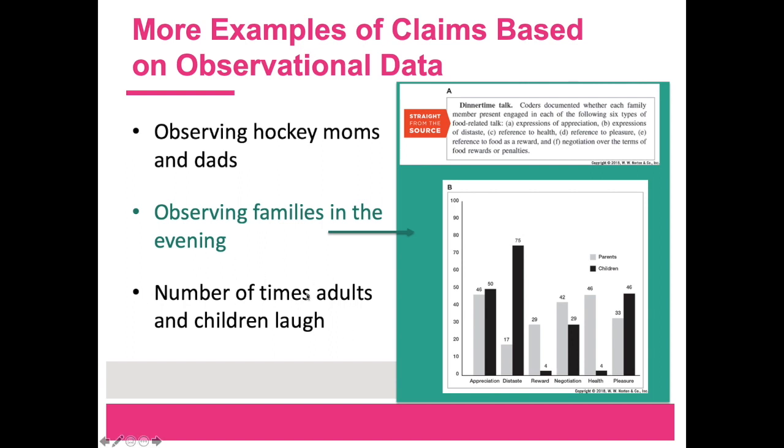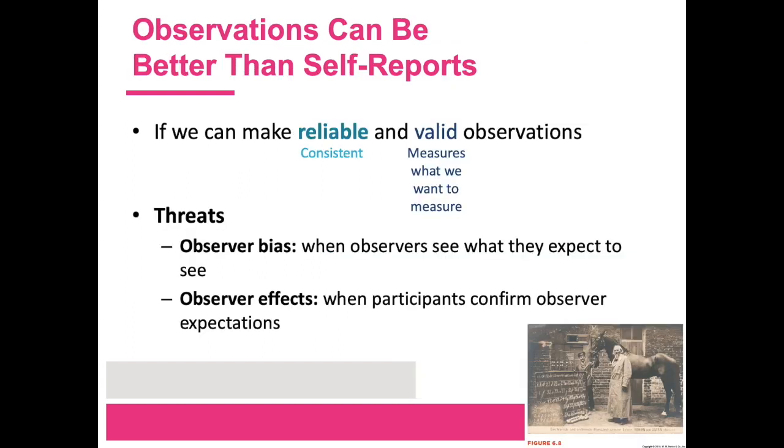Another one is the number of times adults and children laugh. Research has shown that children laugh a great deal more than adults throughout the day. And those are known from observational research. So, observations can be better than self-reports.